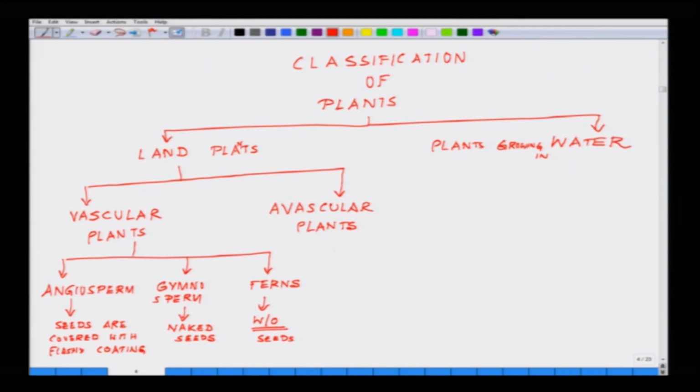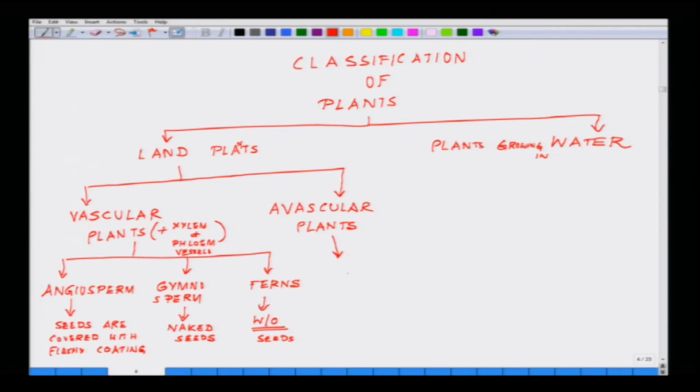And then you have avascular plants. They do not have any specialized xylem or phloem vessels.